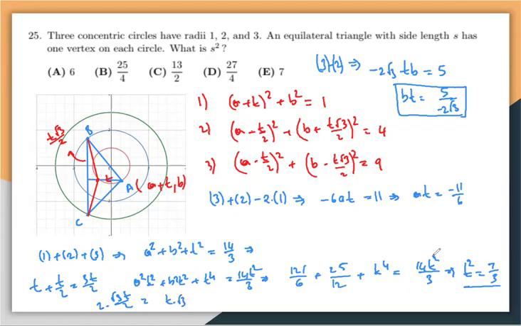But we are looking for the square, and this is the side length, so if I square this one, you got 3 t squared, and then t squared is 7 over 3. We multiply by 7 over 3, so you got 3 times 7 over 3, which is just 7.